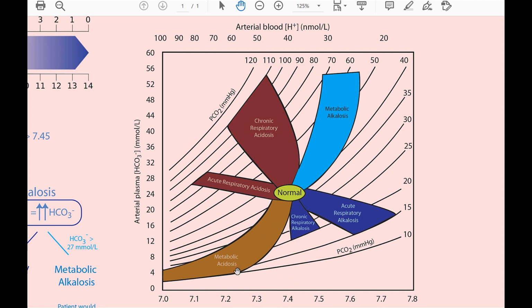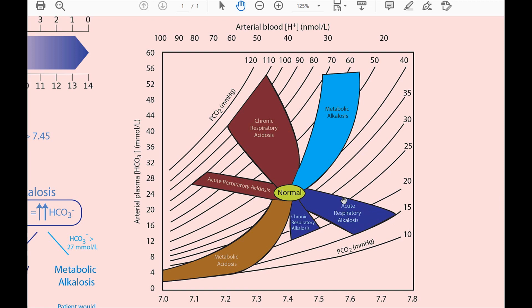Well, if you get into these lower pHs, because you have really low bicarbs, then that's metabolic. If you get over here, because you have really high CO2, then it's respiratory. If you get over here, and it's because you have very high bicarb, then that's metabolic alkalosis. If you get over here and we have very low CO2, then that's respiratory alkalosis.